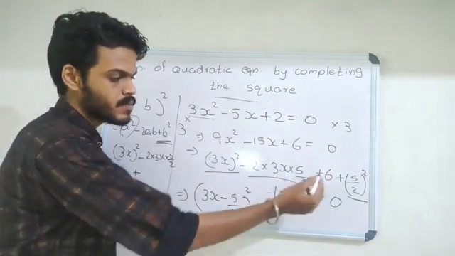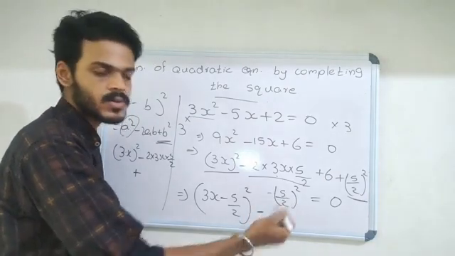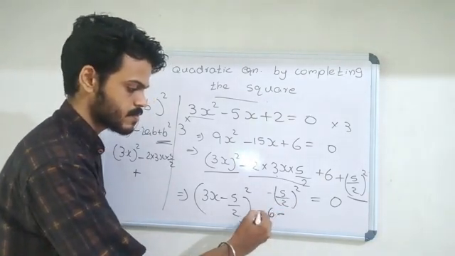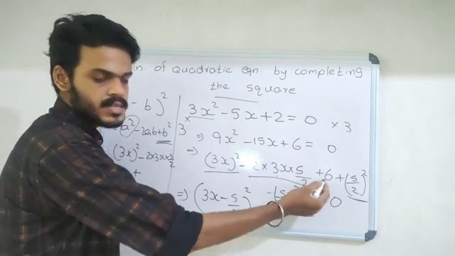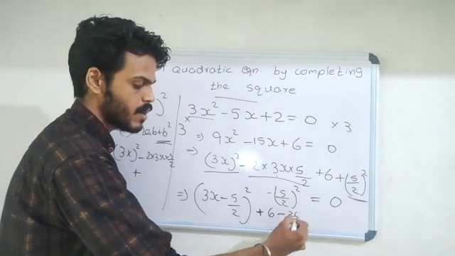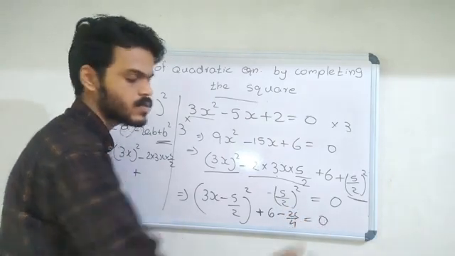Now what are the remaining terms? 6 minus 5/2 whole square, that is the remaining term. 5/2 whole square means 25/4, equal to 0.